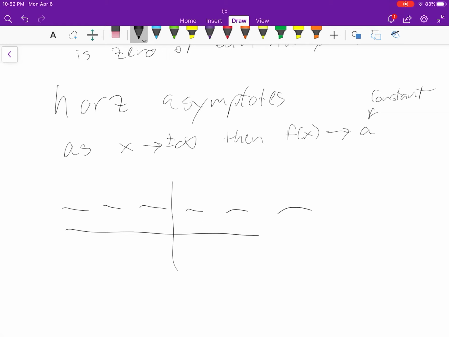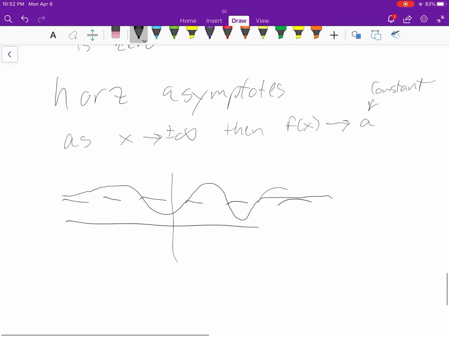Maybe here's your horizontal asymptote. You can be approaching it here, and you could cross it many times in the finite and then approach it like this. So a horizontal asymptote is just asking what happens as x goes to negative or positive infinity. Is f of x approaching a constant? It doesn't mean that you can't cross a horizontal asymptote. You can.